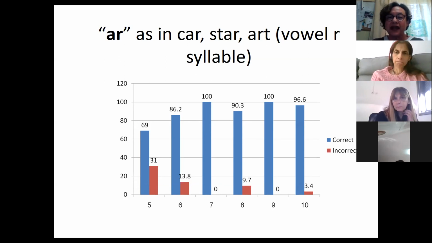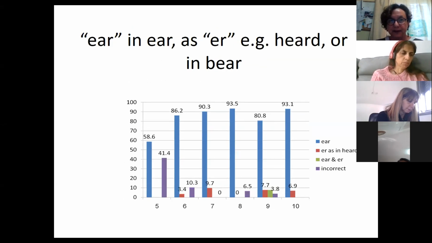American accents pronounce the R. But I want the children to be able to pick it up as a unit, okay? So I would teach it as a unit, the R, and then I would have it in a whole lot of frequent words. And it's a frequent phoneme and grapheme. Okay, here we've got the EAR, as in ear or hear, okay?